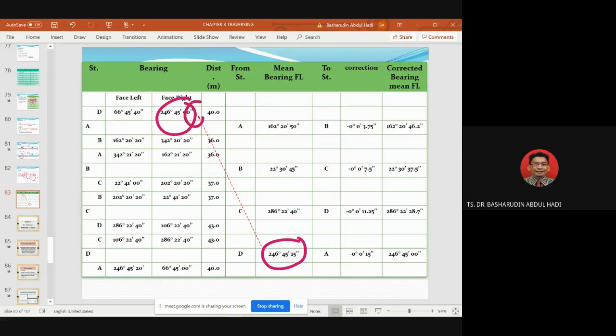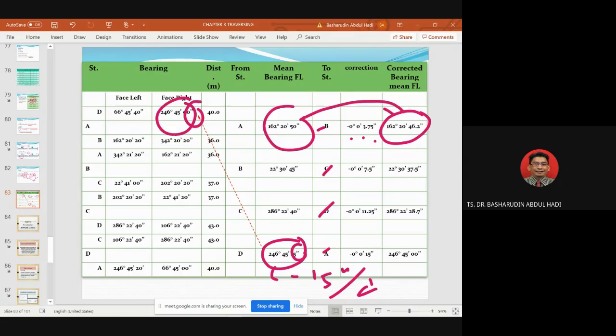This one is 0 second, this one 50. So when we minus, we get 50 seconds divided by 4 because we have 1, 2, 3, 4 stations. So every station we are doing corrections about mean bearing. Okay, so you minus 0 degrees, 0 minutes, 3.75 seconds. Very few. So you get the new one.